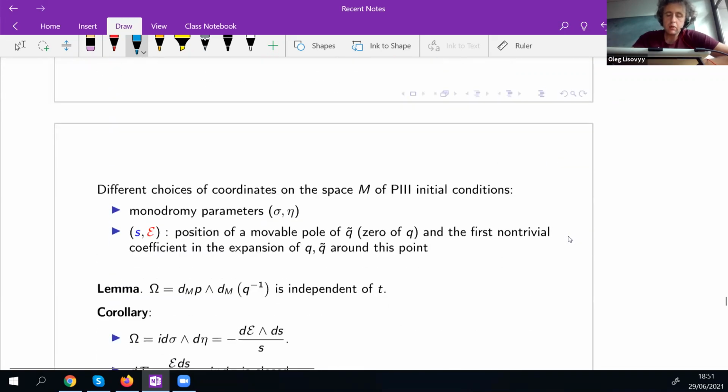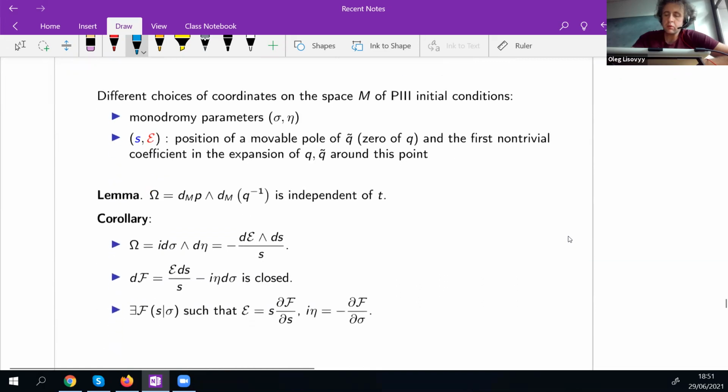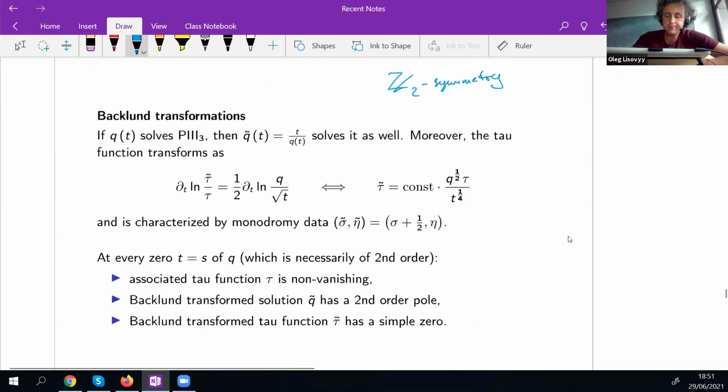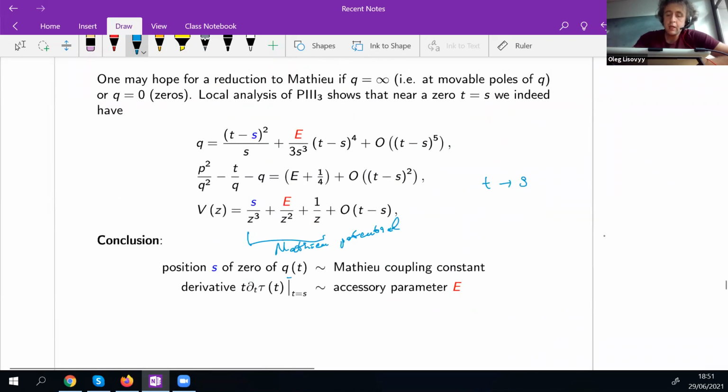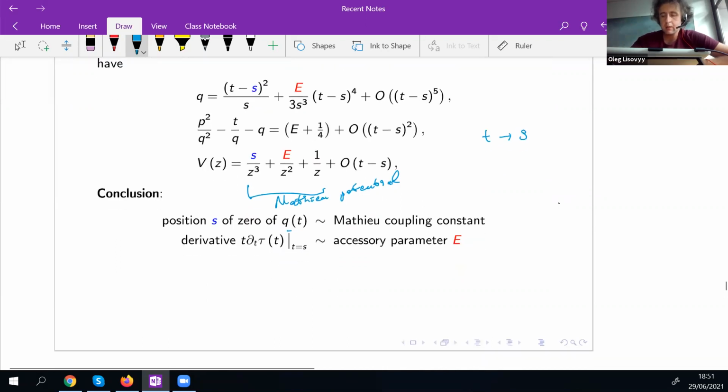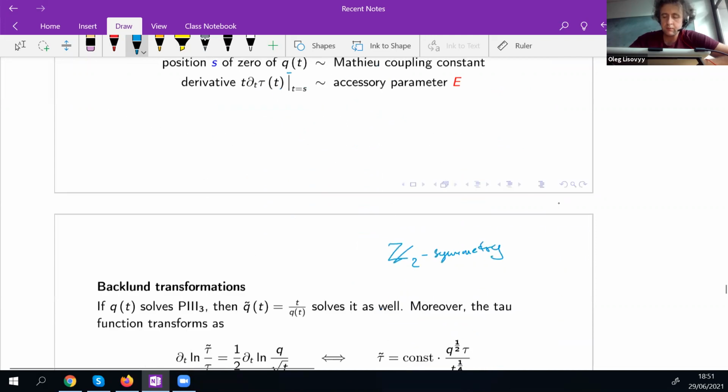And now we will try to use this dictionary in order to obtain a precise relation between these functions that we have introduced, the accessory parameter in Mathieu and the C equal to 1 conformal block.